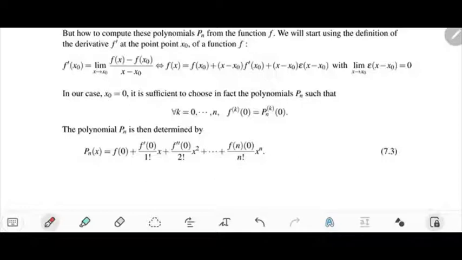But in general, how can we calculate these polynomials that will approximate the functions even locally around a point? When I say locally, I mean it's an approximation around a given point, in the neighborhood of a given point, and not for any x in the domain of definition of the function.